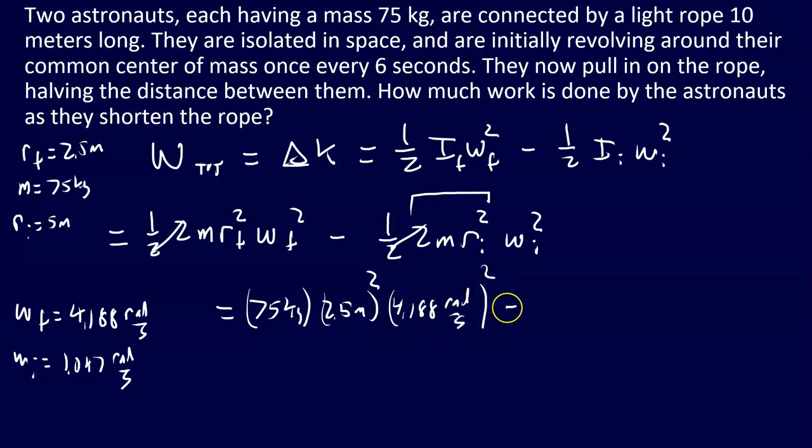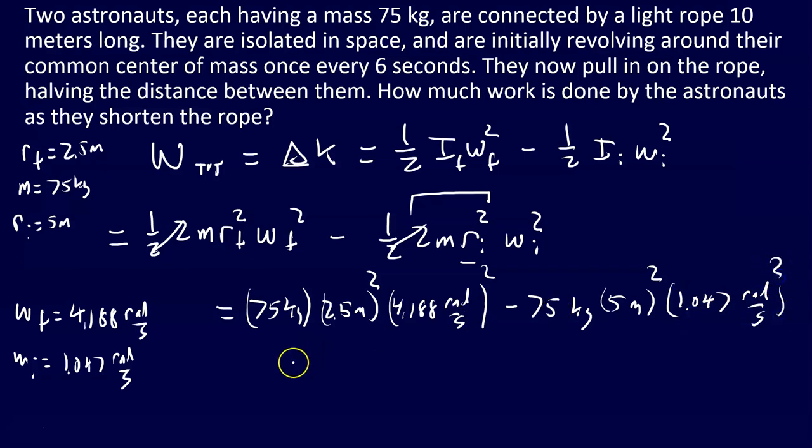So all that squared, and then minus from the other side, 75 kilograms. Again, the initial radius was 5 meters, is Ri, and then we have the 1.047 radians per second squared. And when I did this, the number I got was something like 6.16 times 10 to the 3rd joules.